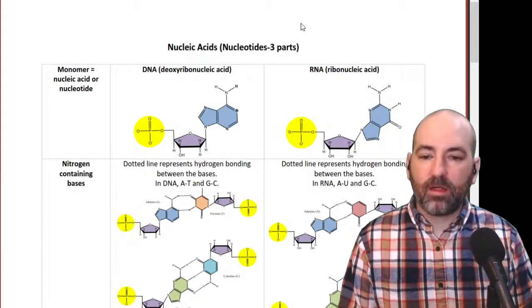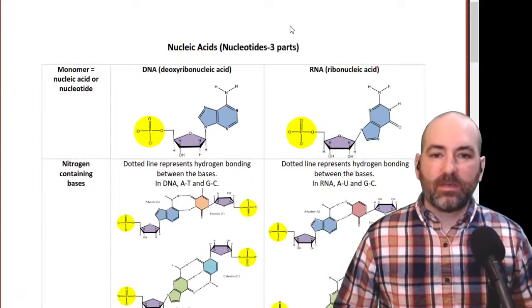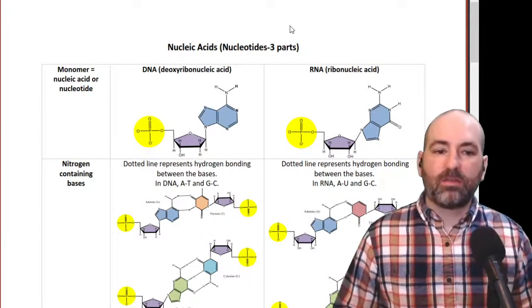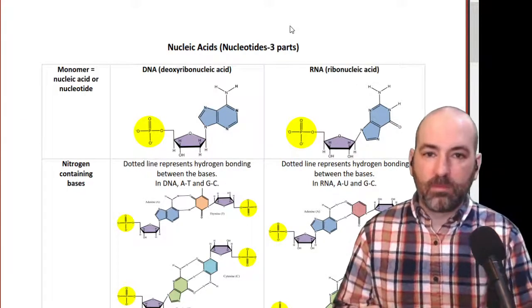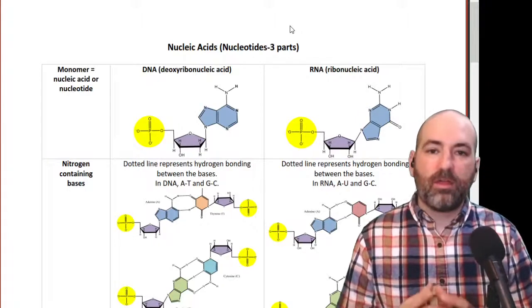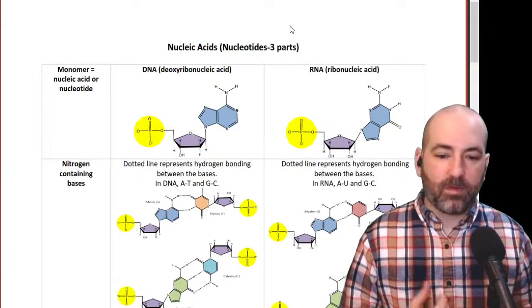With nucleic acids, we're looking at a similar kind of system as with the other biological molecules we've looked at so far. We've got a small building block of some sort that then gets expanded into a larger molecule.